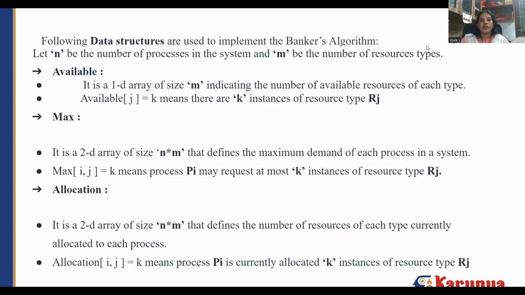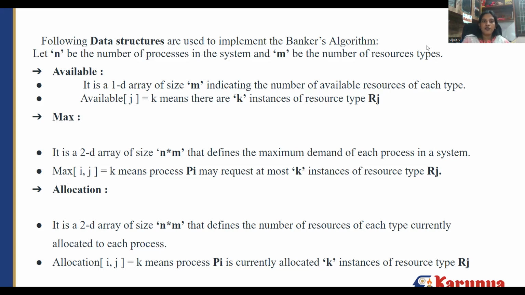So here K means process Pi may request at most K instances of resource type Rj. Okay, and for allocation, it is a two-dimensional array of size n cross m, which defines the number of resources of each type currently allocated to each process. So for allocation, K means process Pi is currently allocated K instances of resource type Rj.